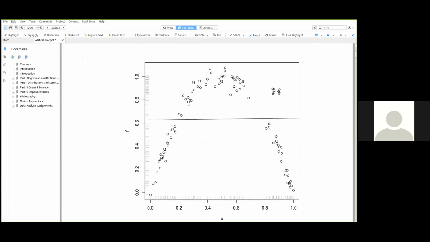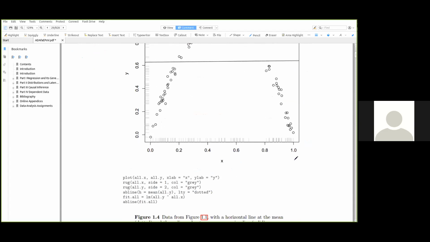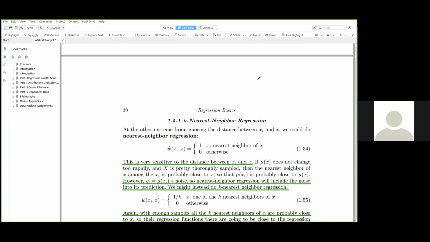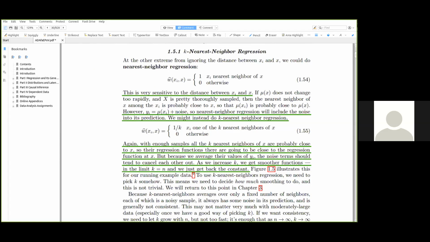So what are the different types of linear smoothers that we have? The first one is k nearest neighbor regression. The first thing you could do is nearest neighbor regression.